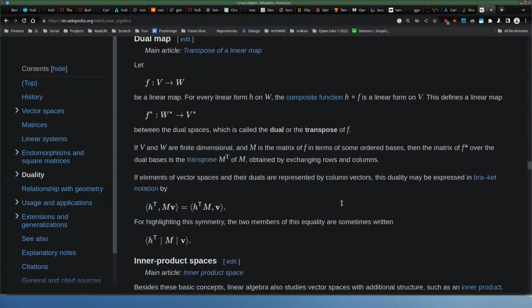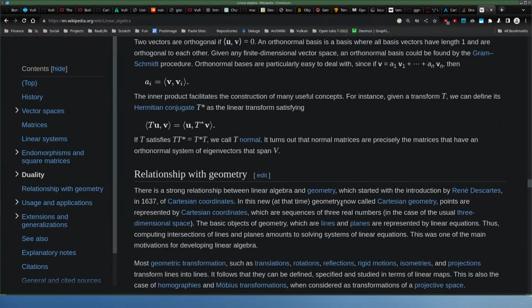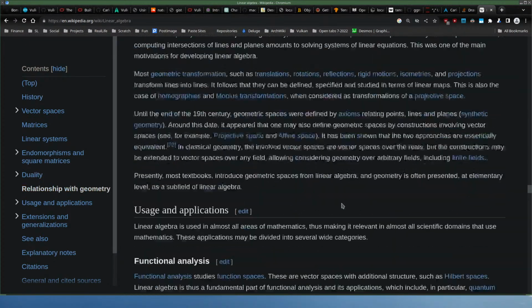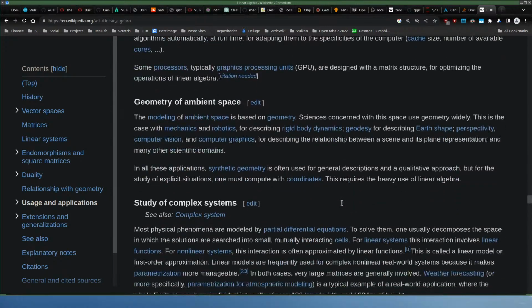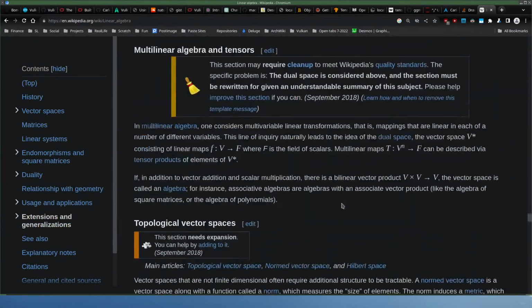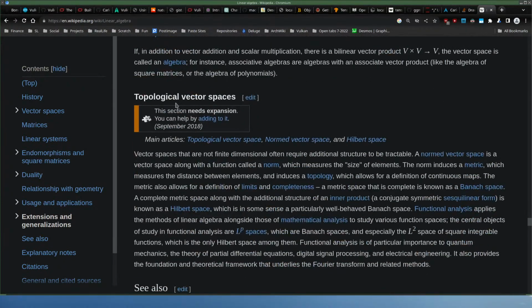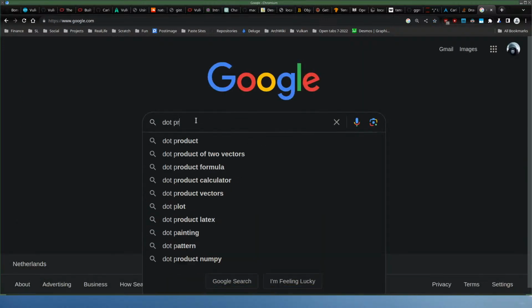It's more than you need. Just look at the dot product or something. That's the most important thing that I use. Dot product.